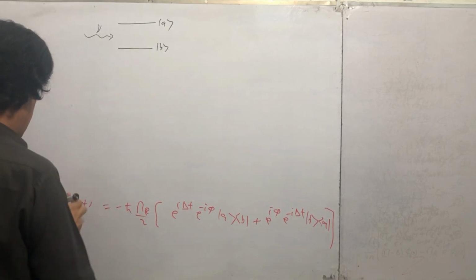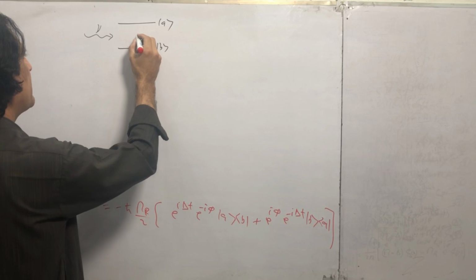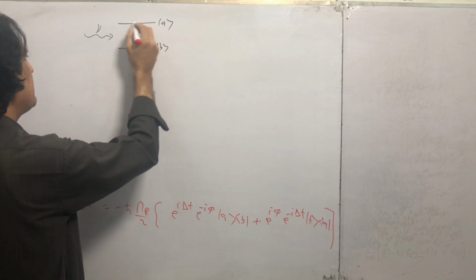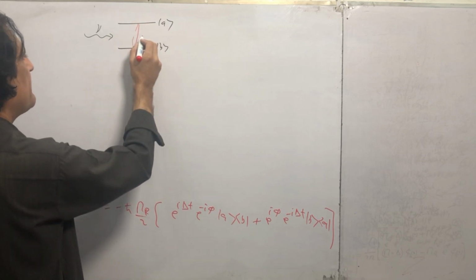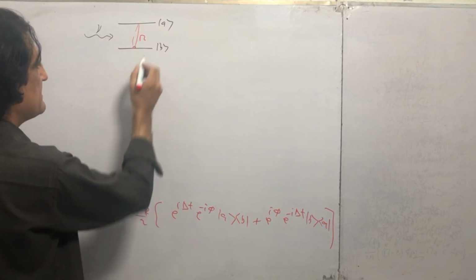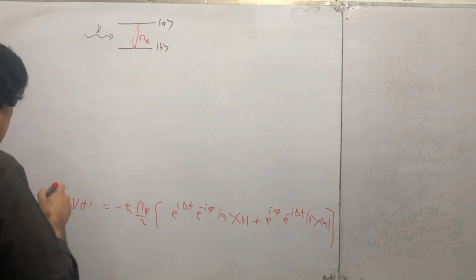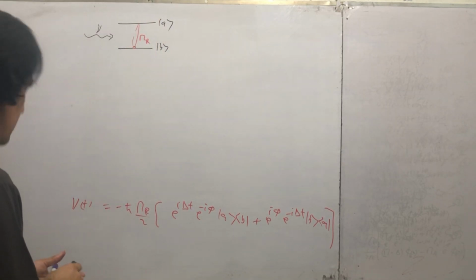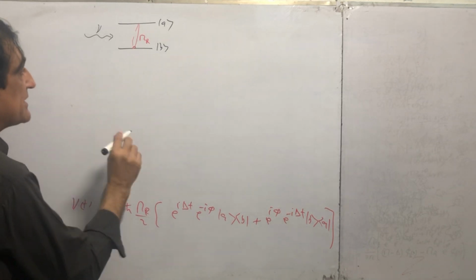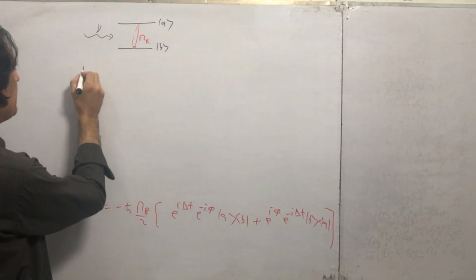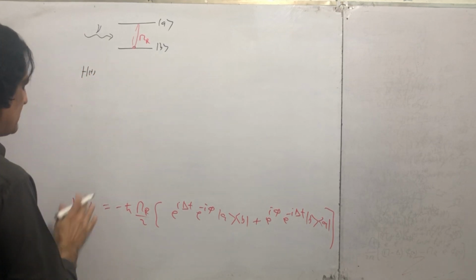Then if there is an electron here, this electron is continuously oscillating due to this field, and this has some frequency omega. Let's say this is omega r. Then how do we directly write the Hamiltonian for this system, the interaction picture Hamiltonian? The interaction picture Hamiltonian, we can represent by H(t).